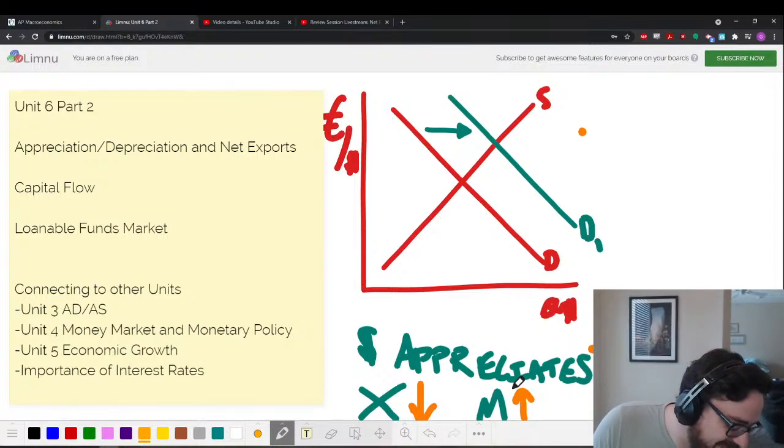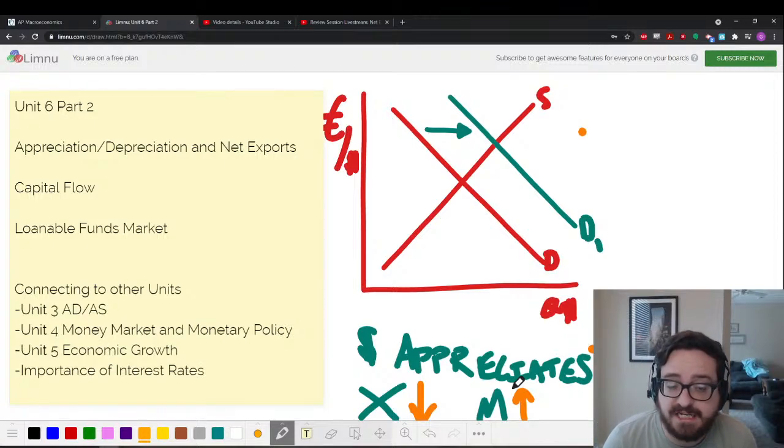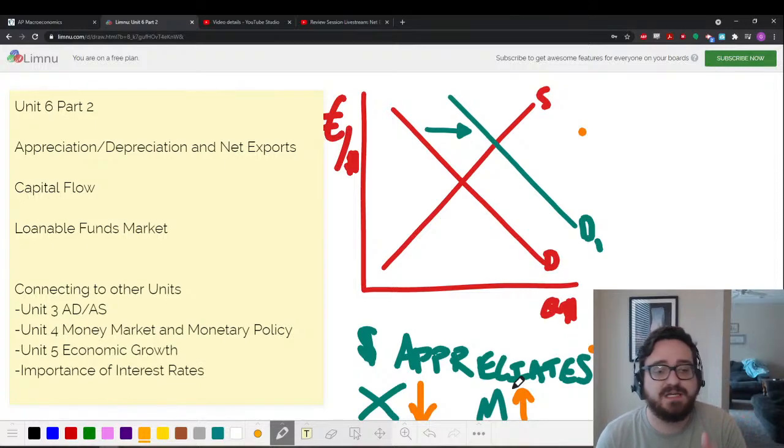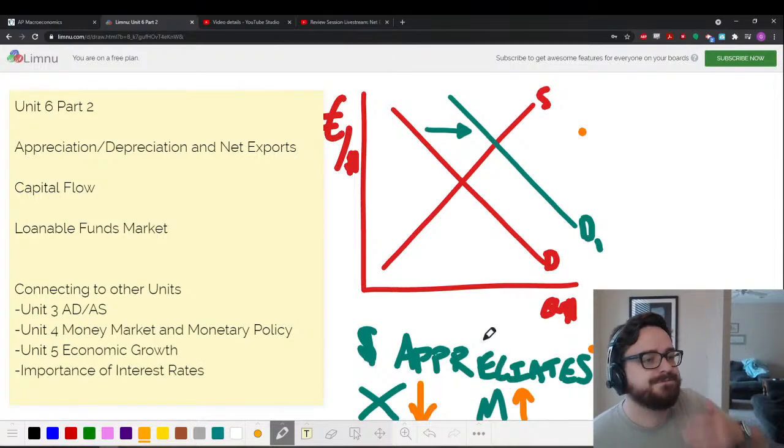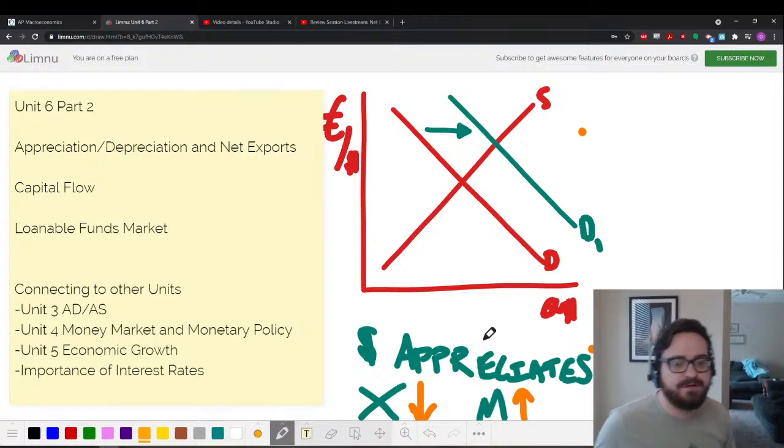But if they say anything about the value of the currency as a part of this, like, hey, people want to buy stuff from America, what's happening to the value of the currency and what's happening to capital flow as a result of that? Then it's like, okay, well then I've got to do this. Okay, the dollar is appreciating, so we'd be importing more, so capital would be flowing out. It's a whole lot to deal with.